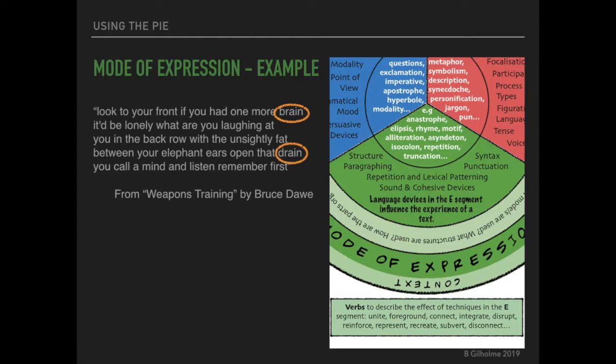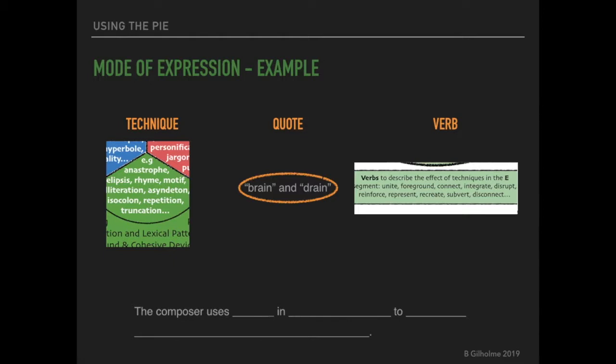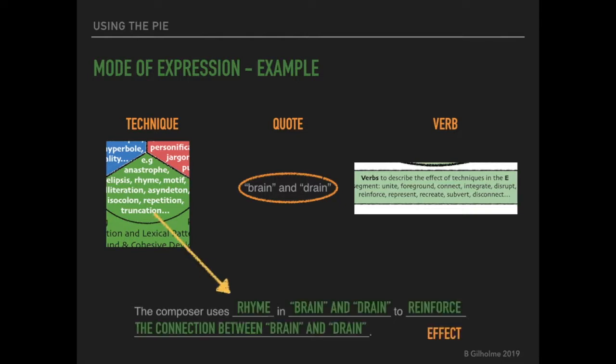So once again, we're going to take our technique, our quote, and our verb, and use a sentence scaffold to put all of those together to get our analysis. We've got: the composer uses the technique, in this case rhyme, which we've taken from the communication pie.